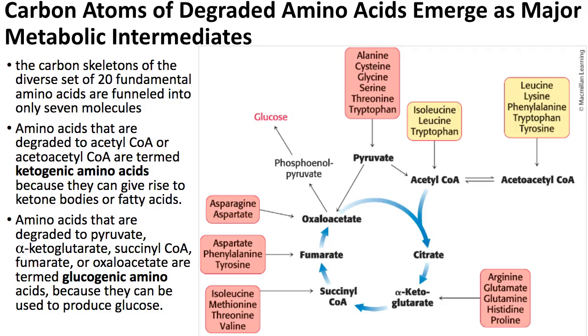So we have a lot of different major intermediates within our metabolic system, and the carbon structure of some degraded amino acids can generate these different intermediates, such as acetoacetyl coenzyme A, acetyl coenzyme A, alpha ketoglutarate, and succinyl coenzyme A.